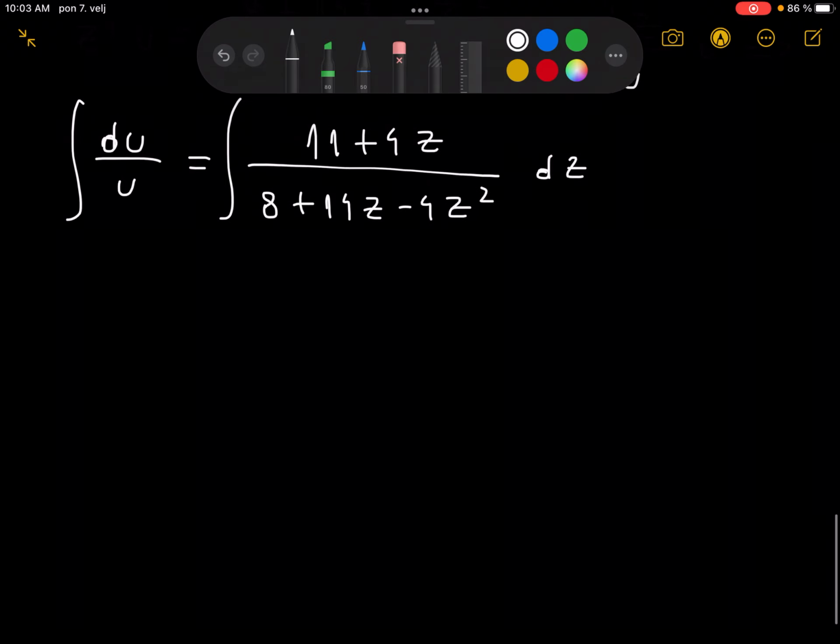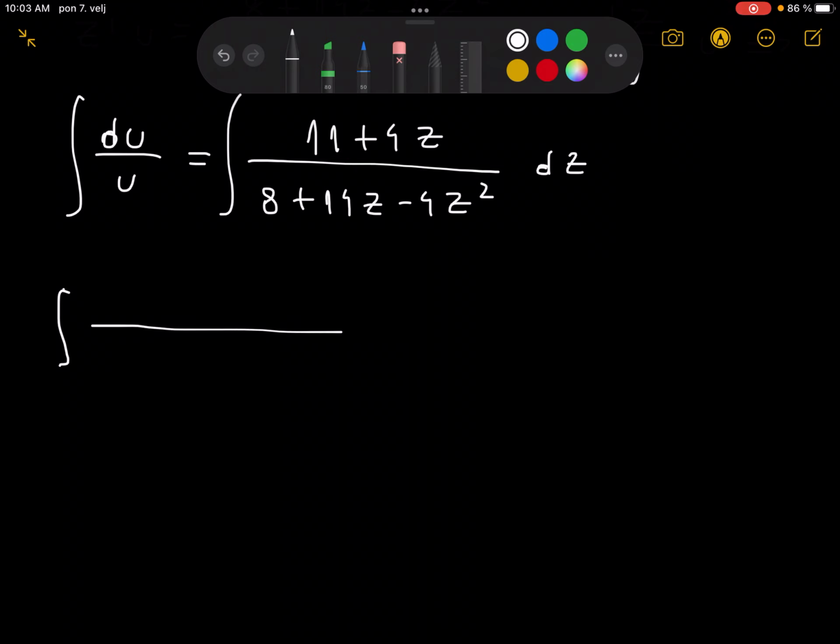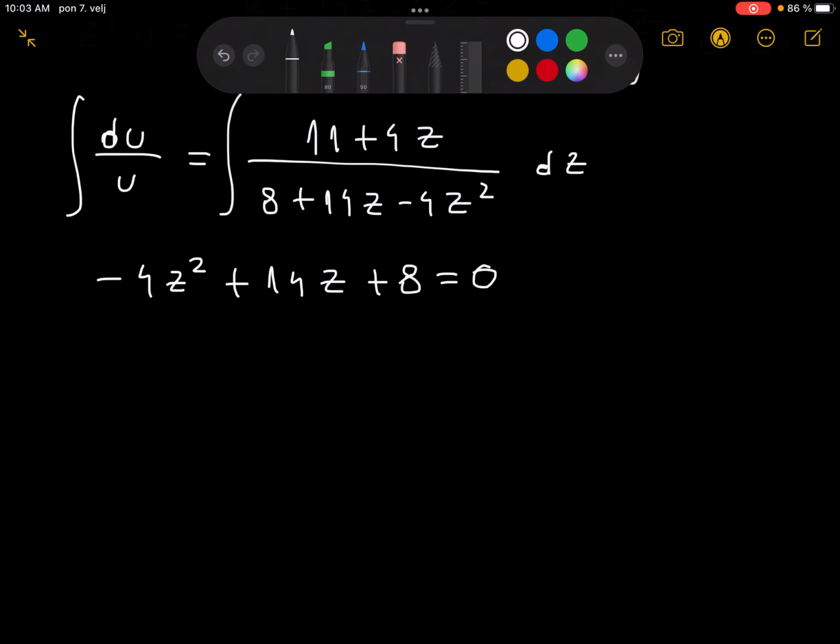So the integral of, okay, before doing this, I'm just going to go ahead and solve the equation minus 4z squared, we're going to be doing partial fractions, plus 14z plus 8 is equal to 0. So minus 4z squared plus 14z plus 8 is equal to 0.